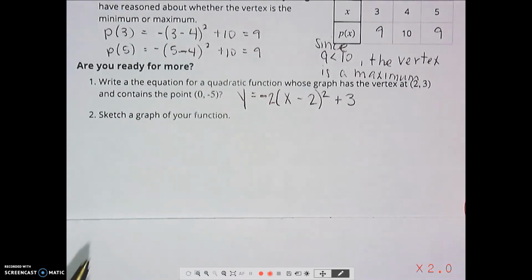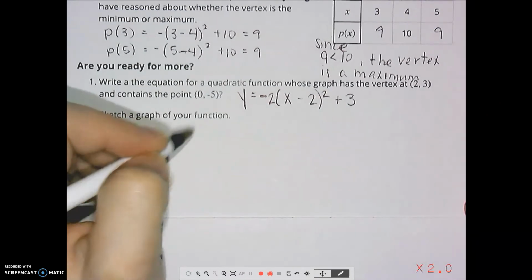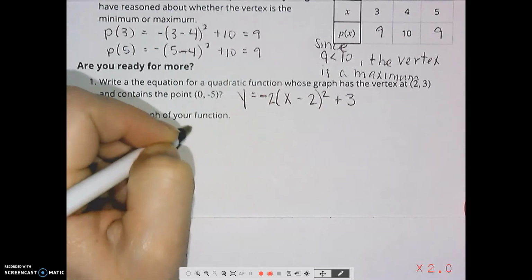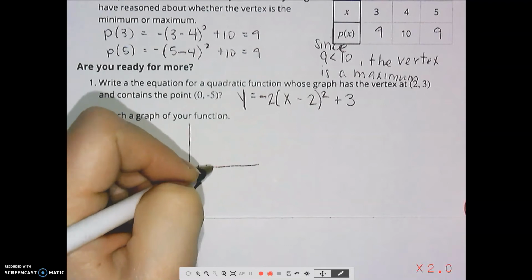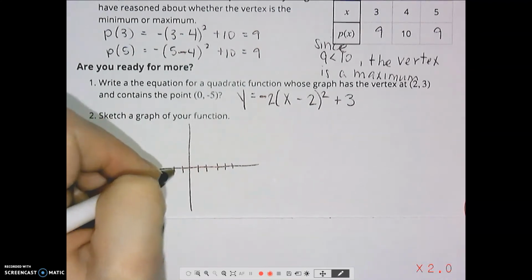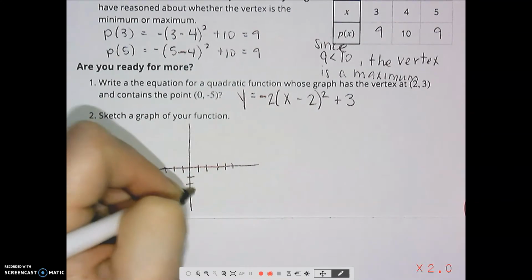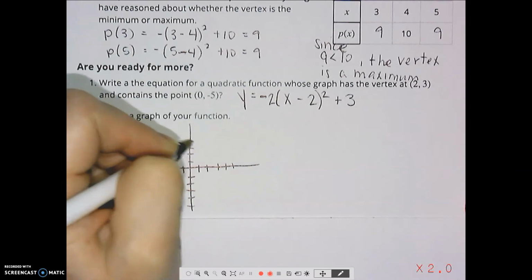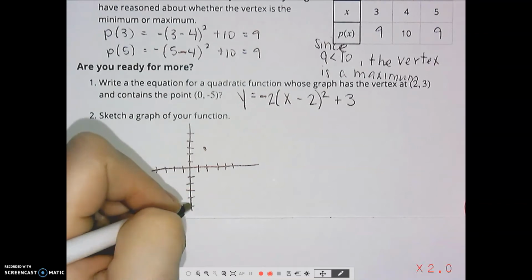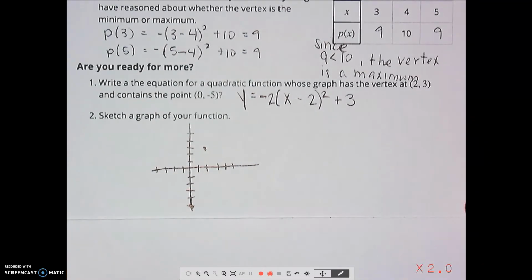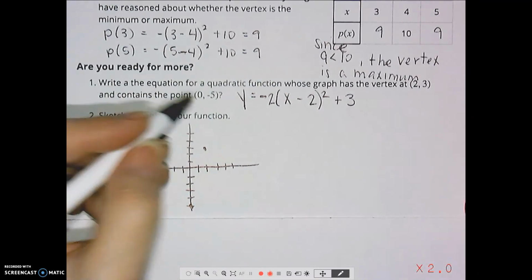And then for sketching, if we have our graph, we know that (2, 3) was the vertex. We also know that (0, -5) is a point on this.